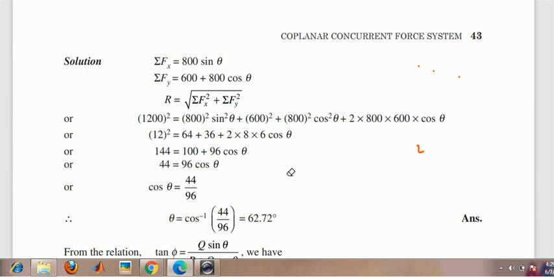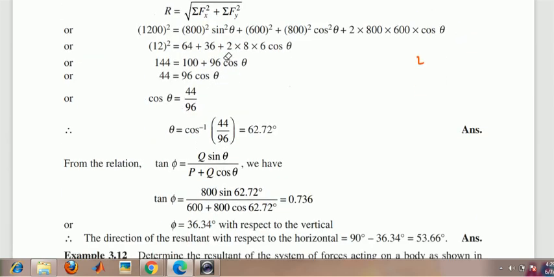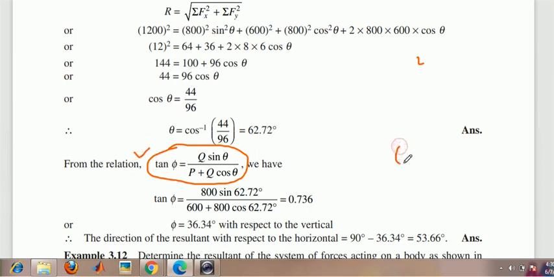So R is equal to root of P square plus Q square plus 2PQ cos theta is the resultant formula, and in order to find out the direction, we have this equation, which is the expression we have by the parallelogram law, right? So now by considering this relation, you need to find out the direction of resultant.